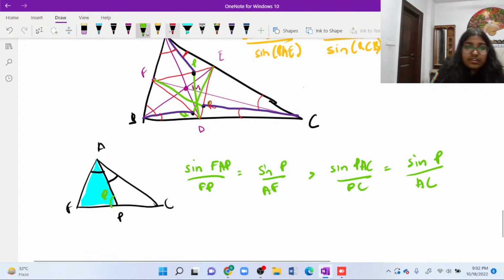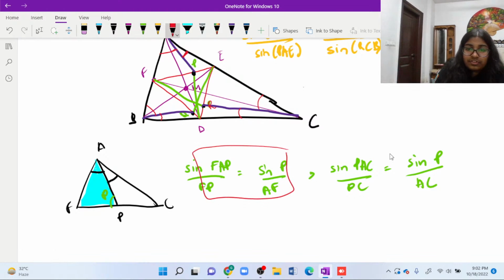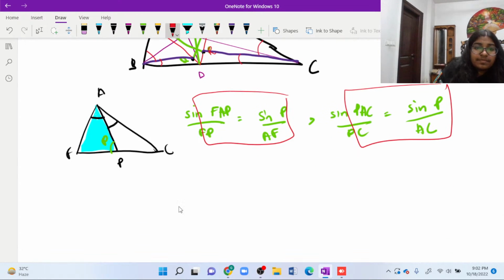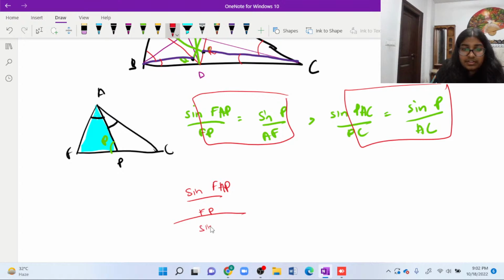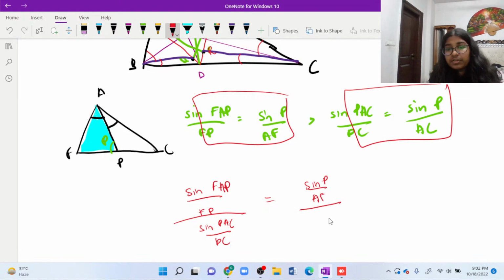So if we divide these two equations, we get sine of FAP by FP, divided by sine of PAC by PC, equals sine P by AF over sine P by AC.